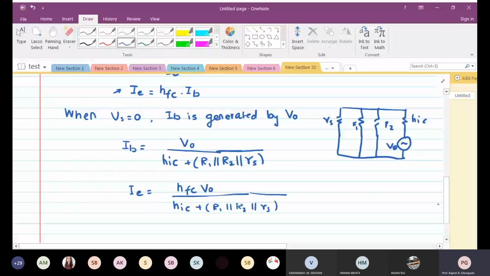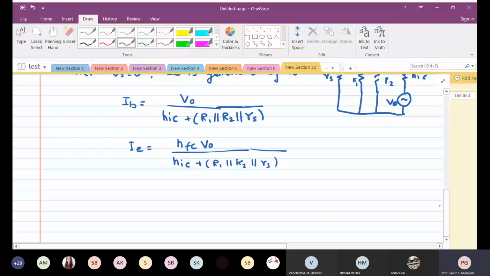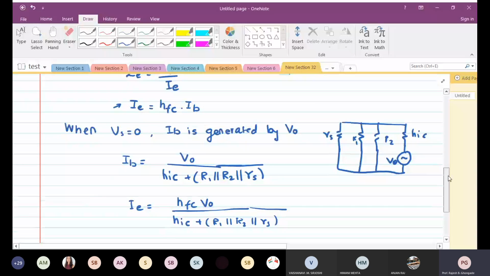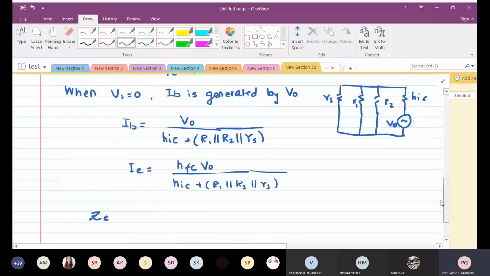So I'm in a position to have IE now. And we have said that ZE, now I can find out ZE. How do I find out ZE? It is simply the ratio of output voltage to output current, that is emitter current. This is the device output impedance.